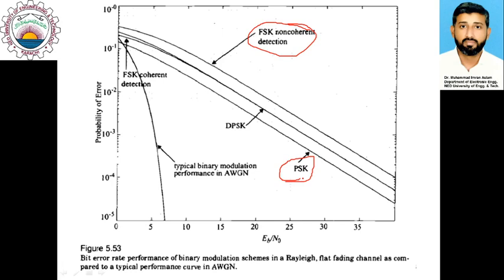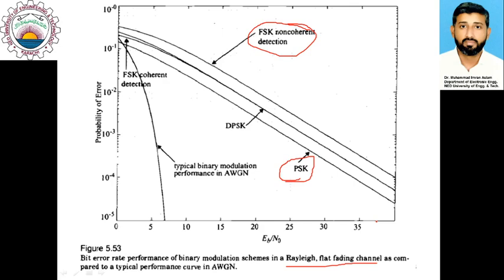And in fact, if you look at the book, other curves are also available for different scenarios, because this is only one scenario where we have a Rayleigh flat fading channel. Similarly, for a frequency selective fading channel the performance would be different, and similarly for slow and fast channels, you may have different results, which are also presented in the book.